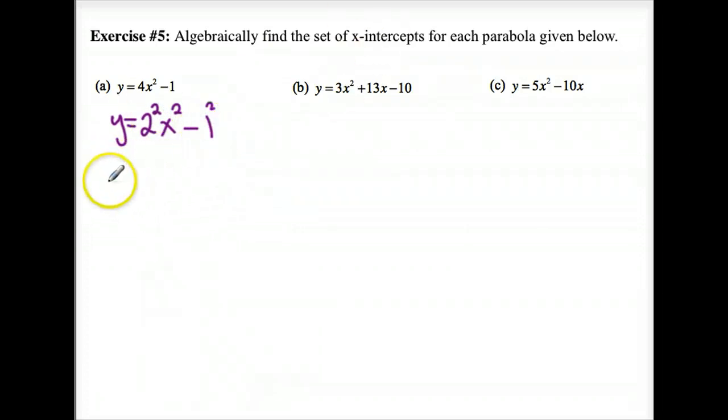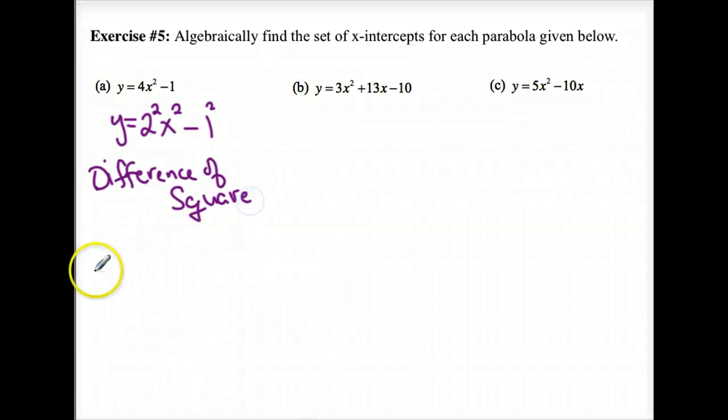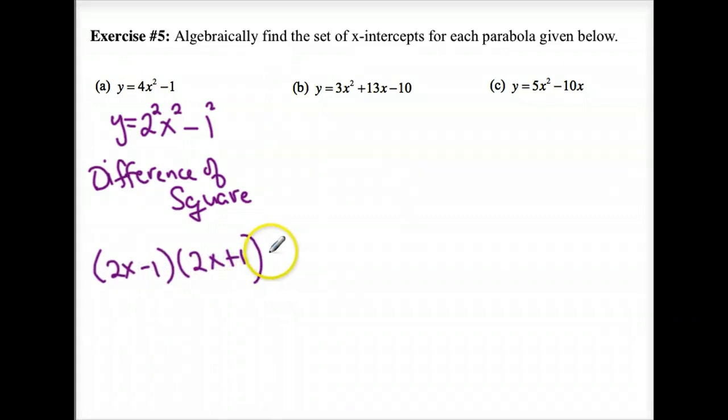So this is called a difference of squares. Remember, with the difference of squares, all I'm going to write is 2x minus 1 and 2x plus 1. And again, we're finding the x-intercept, so we make this equal to 0.